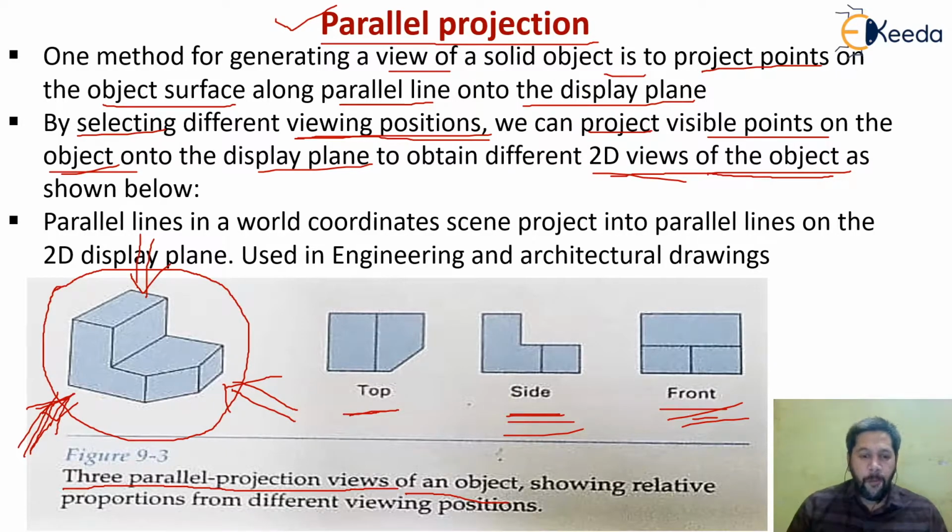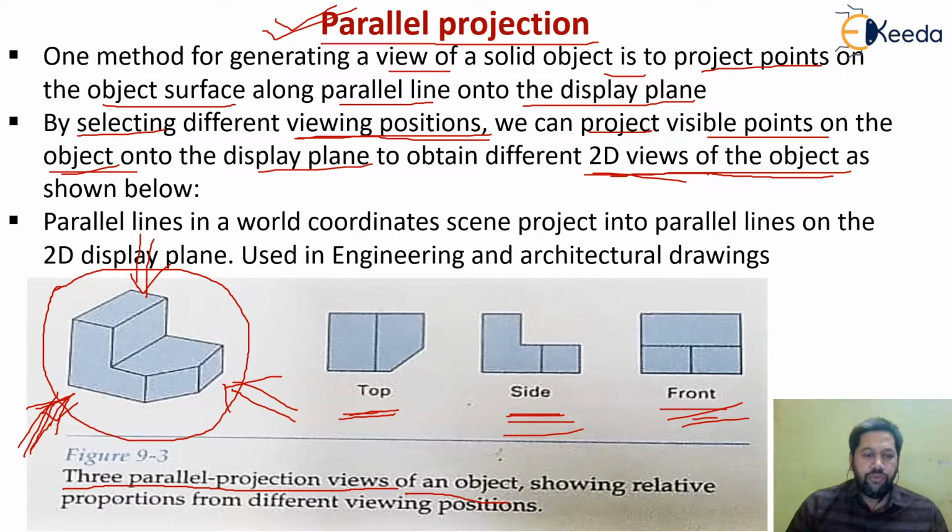So the point of discussion is, in the three-dimensional object, if I'm going to take the different views of the object, and all these views display the two-dimensional views, 2D views of the object, then this is called the parallel projection.